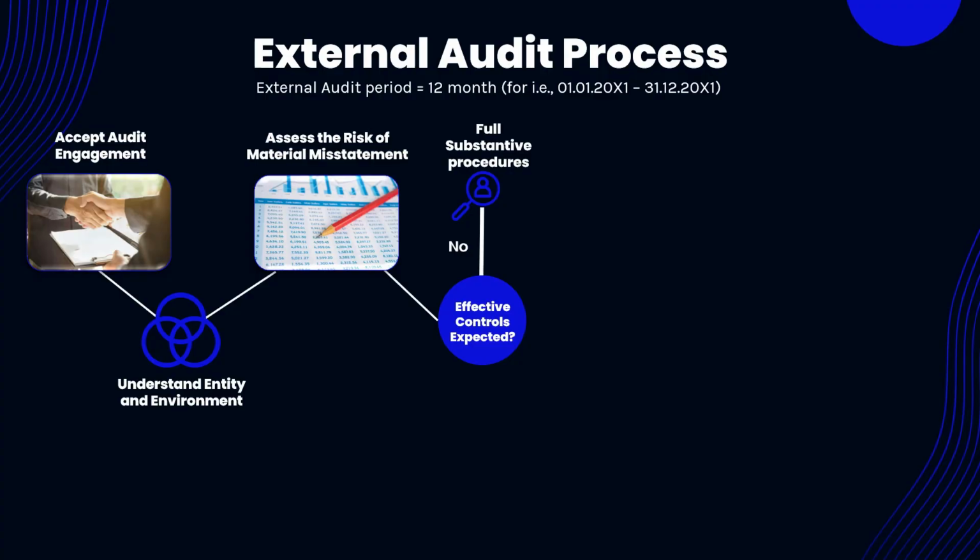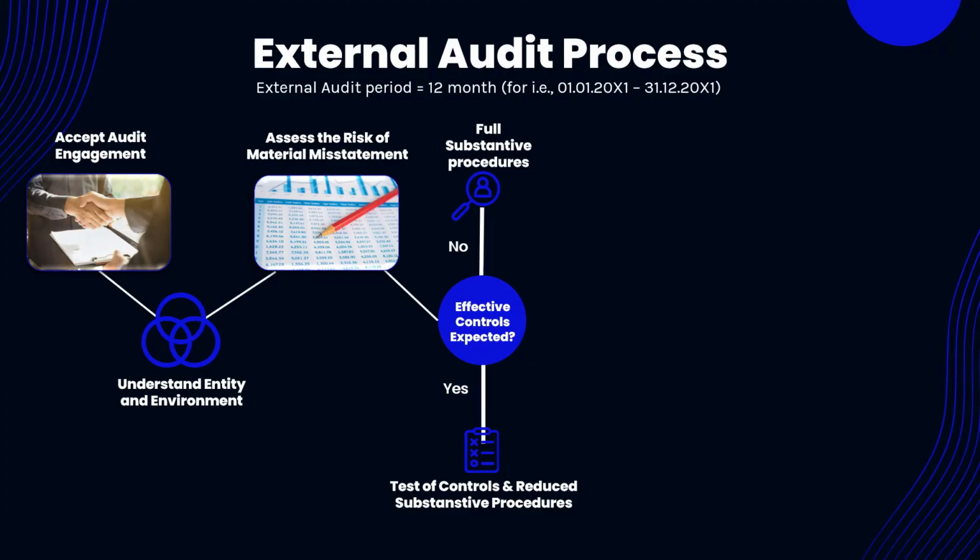But if they realize that internal controls are effective, they rely on the management's internal controls. They test the controls, and they also provide a bit of substantive procedures as well, which we call reduced substantive procedures.